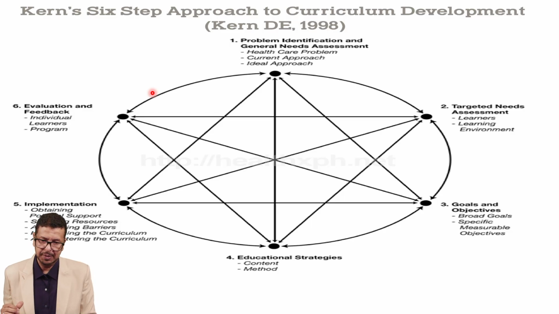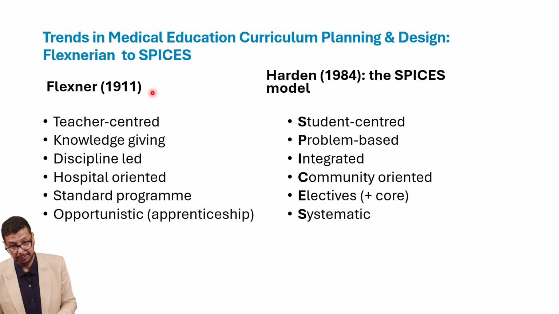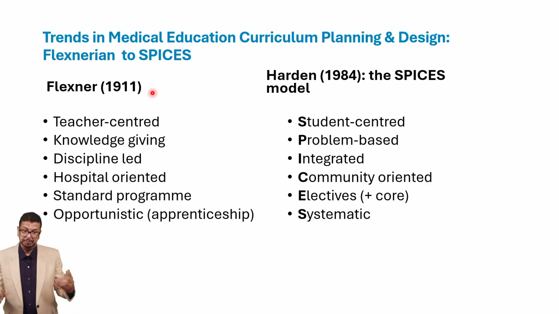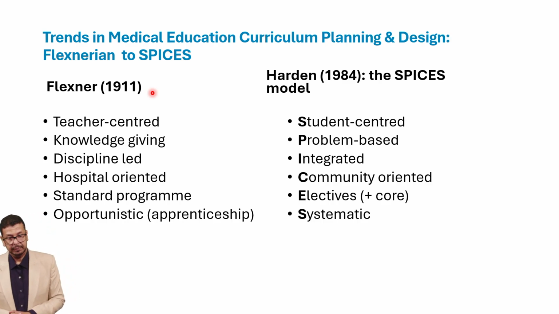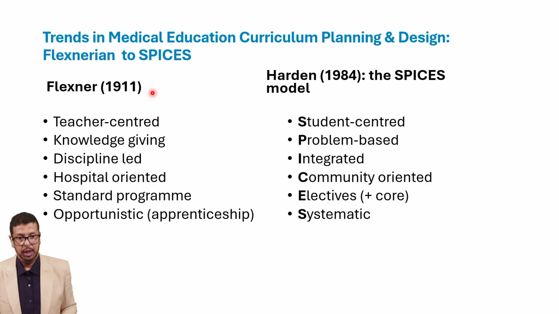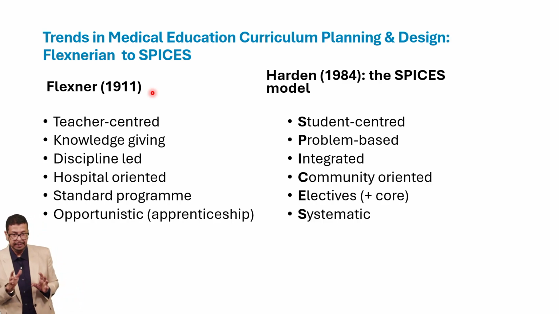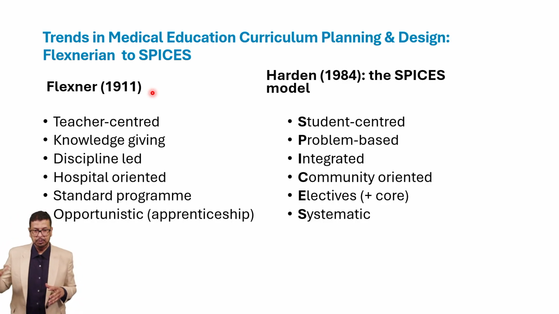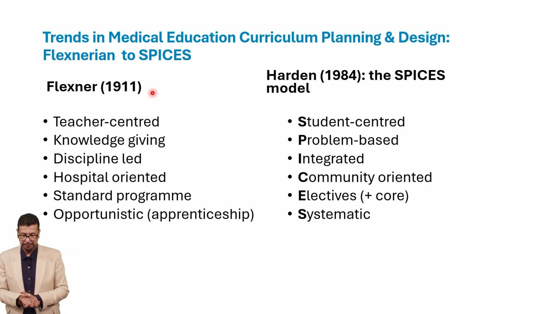The current practice of health professional education has been shaped by the Flexner report in the US in 1910, where the Flexnerian era fostered a teacher-centered approach, knowledge giving, discipline led, hospital orientation, having standard programs, and based on apprenticeship. What Flexner did led to change in the shape of medical education from only apprenticeship to basic science, clinical science, research, hospital training, structures, and so on.